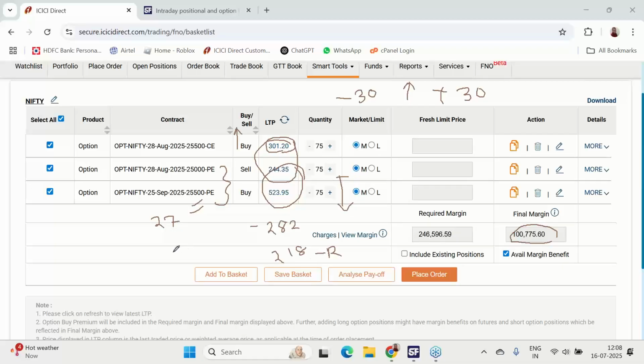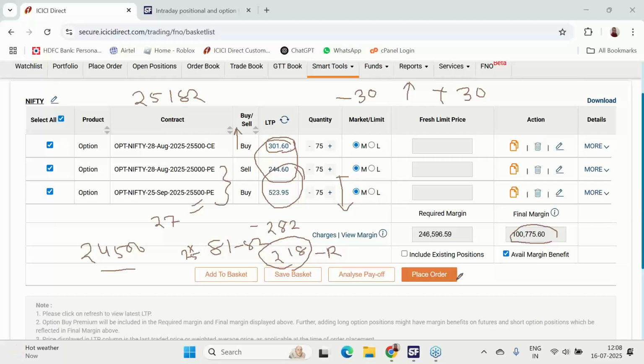If the Nifty falls to 24,500, currently you are at 25,180. If it corrects badly, then you have a win of 218 and you have to lose 301. So you can say 81 to 82 rupees of loss into a lot size of 75.